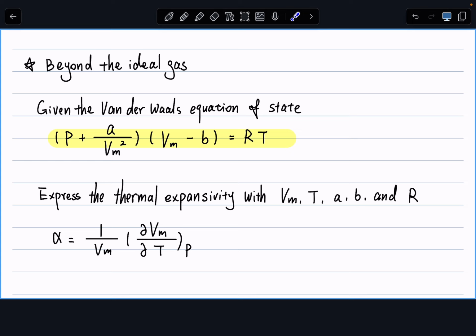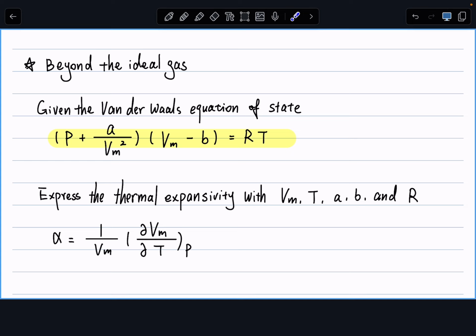Yeah. So we move the (Vm minus B) to the right-hand side, minus A over Vm squared, and we're trying to solve dP over dVm. The calculus we're using is d over dx of x to the power of n gives you n x to the n minus 1. That's the basic calculus rule we're using.